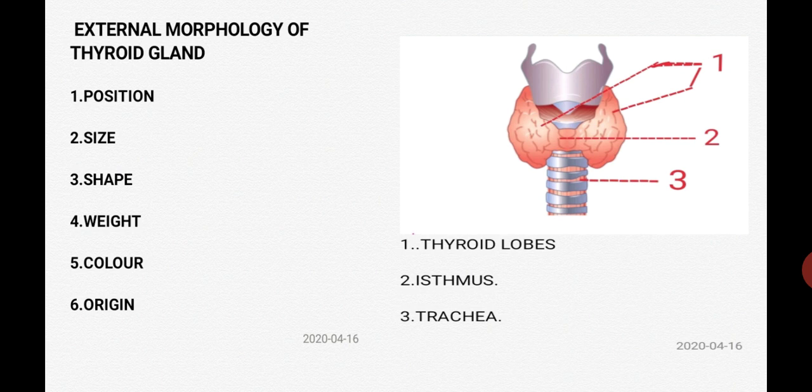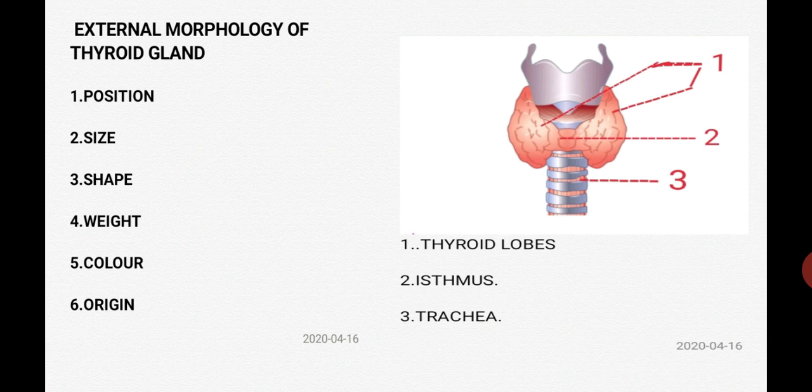Point number 6, origin. The most important point, it is endodermal in origin. I repeat, it is endodermal in origin, meaning it is derived from the endoderm of the embryo. Besides these 6 points, there are two important points.